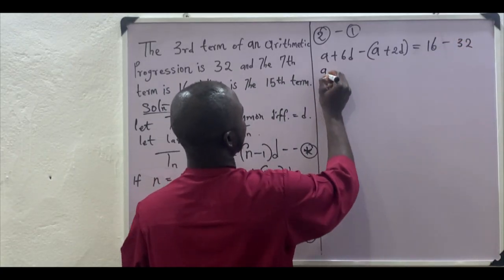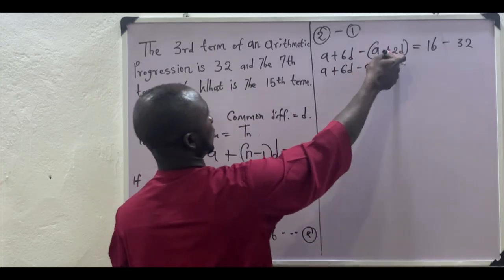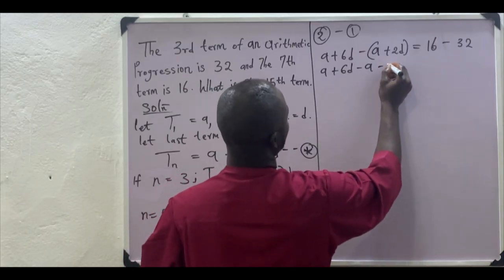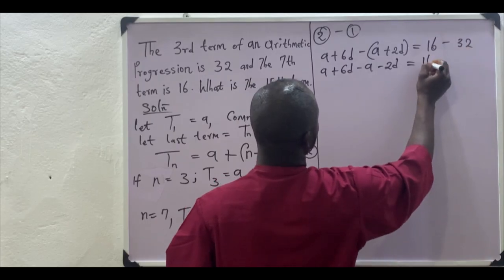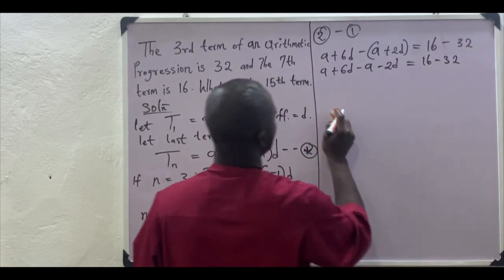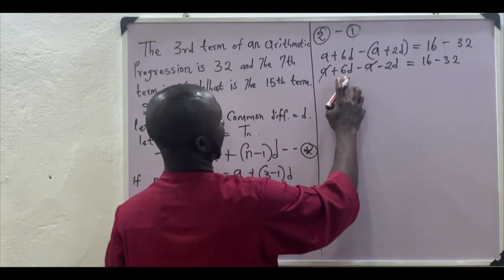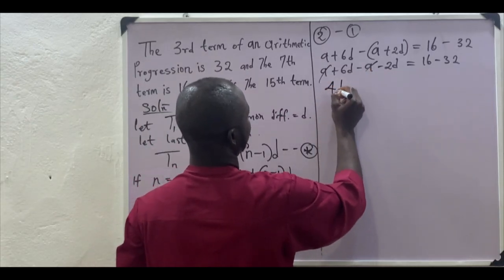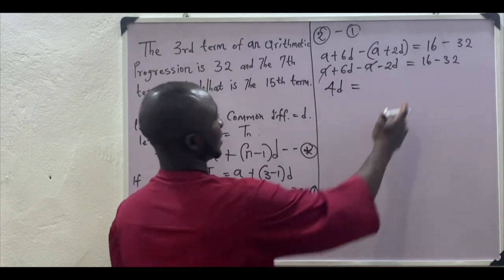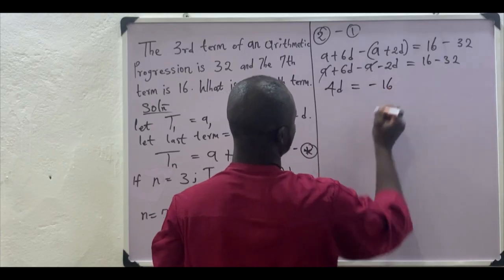So we have a plus 6d minus a, the minus will open this bracket, and we also have minus 2d. This will give us 16 minus 32. So a minus a will be gone. Then we have 6d minus 2d, which gives us 4d. And then we have 16 minus 32, and this is exactly minus 16.